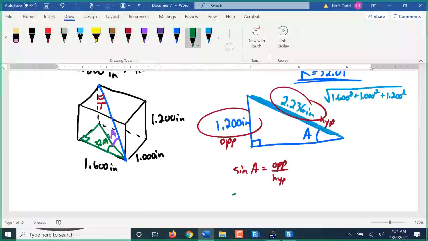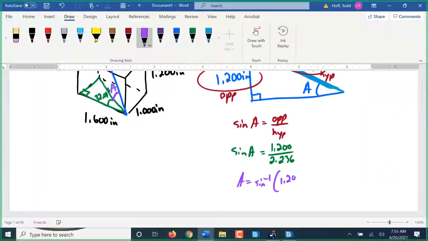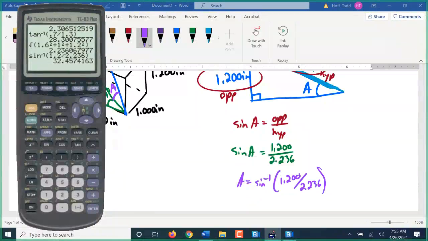Here we know the opposite side is 1.2 and the hypotenuse is 2.236. How do I solve for A? That's 32.46.